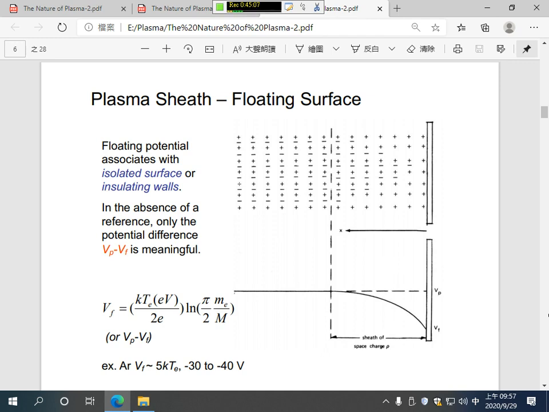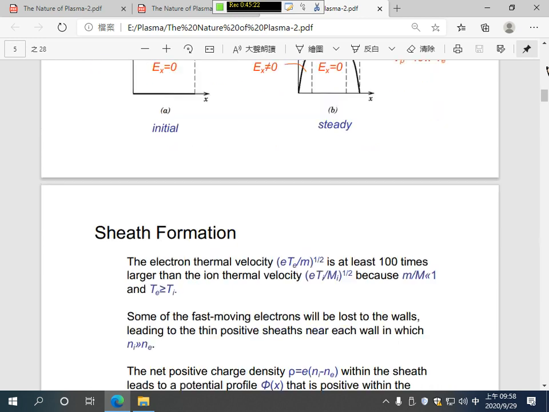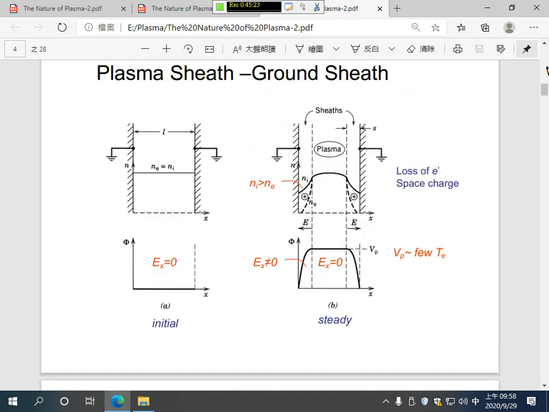So the same thing happens in the ground sheath. In the ground sheath, you also reach a steady state.